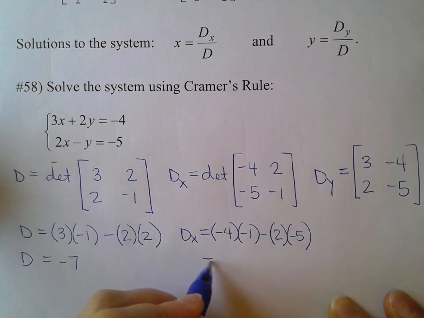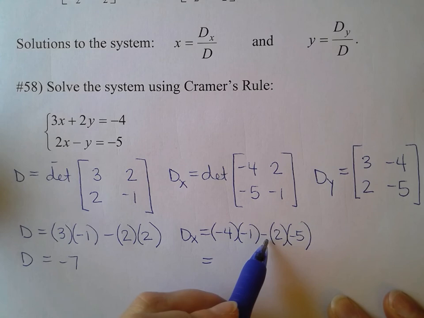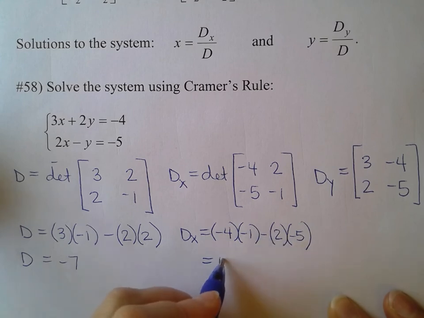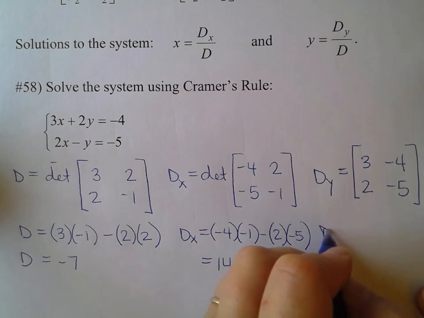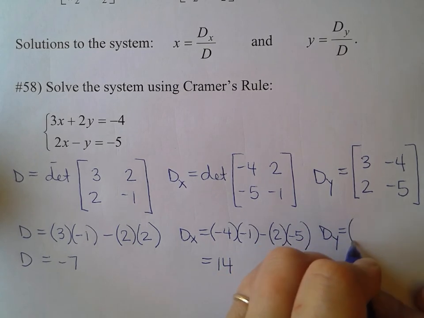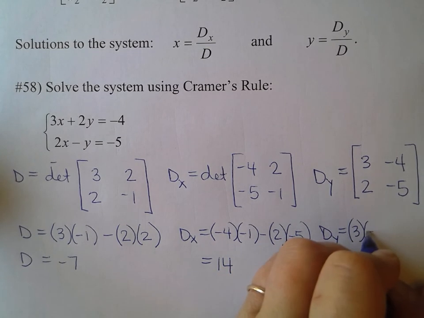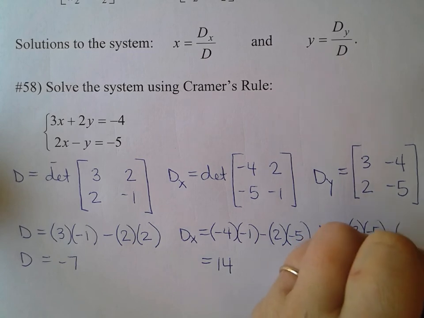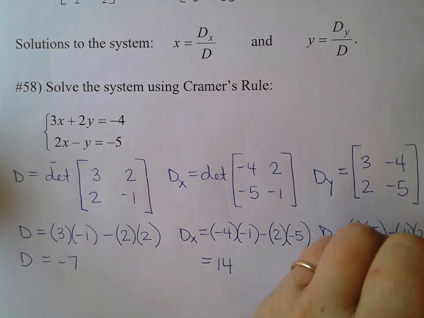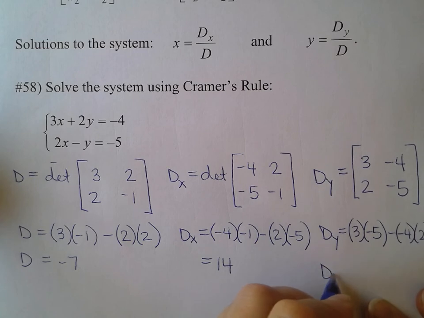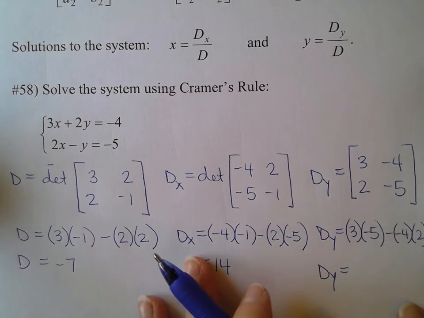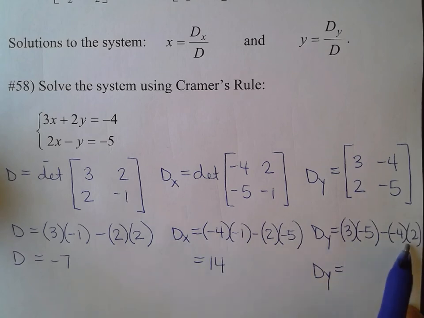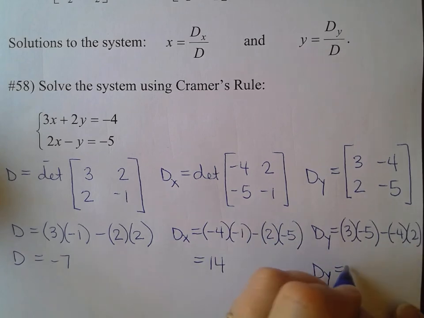So that would be 4 plus 10, so 14. And the determinant with regards to y would be 3 times -5 minus -4 times 2. So that's -15 plus 8. So that would be -7.